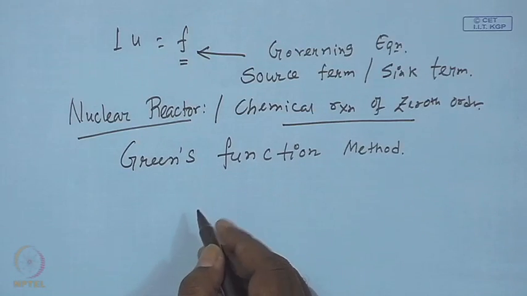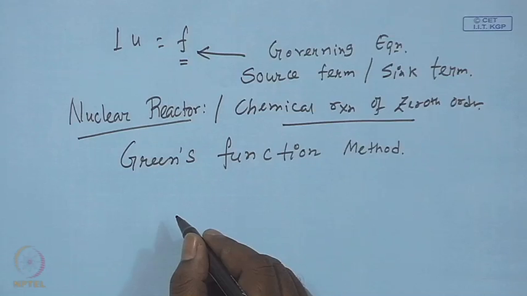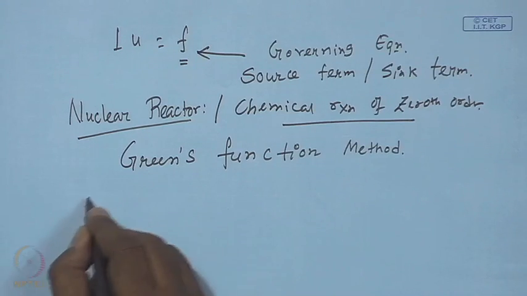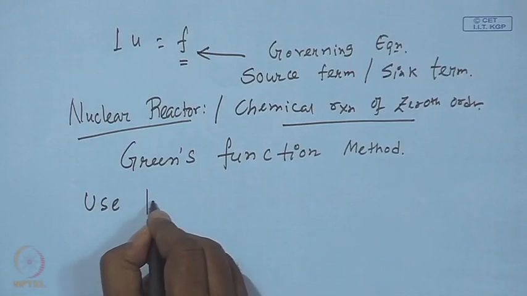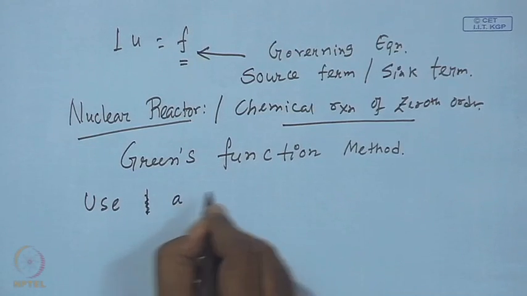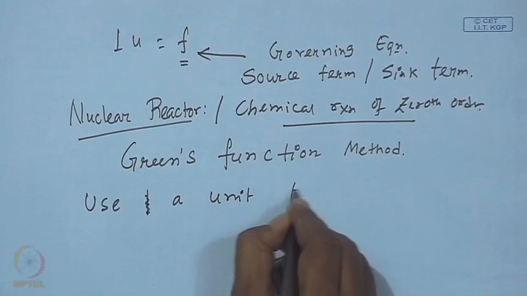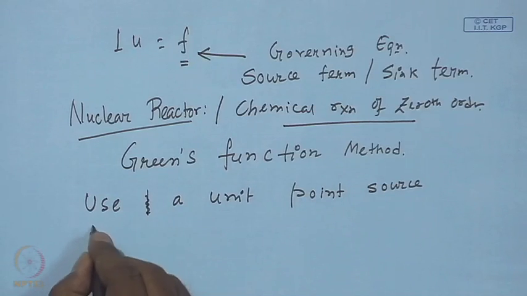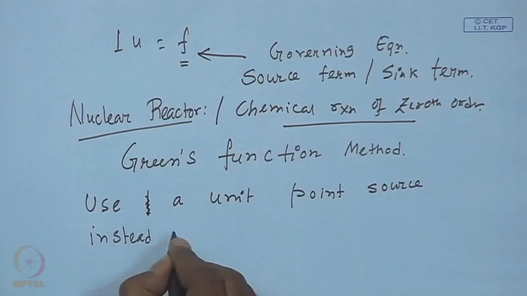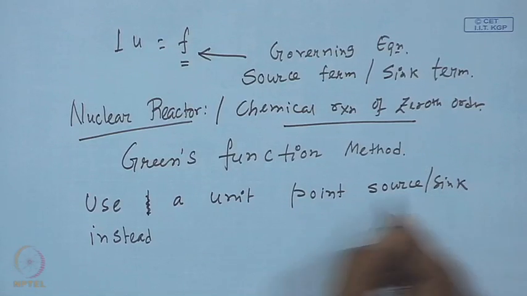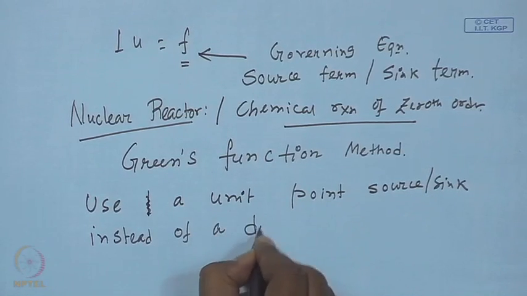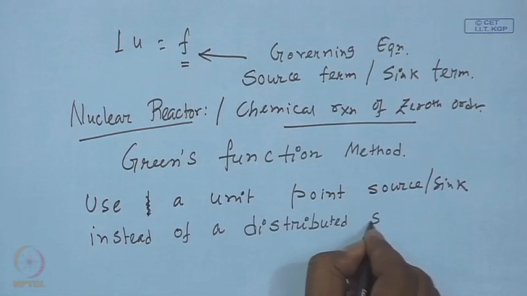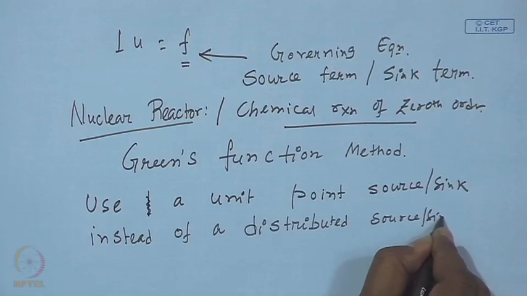So, what we do, we use a unit point source instead of a distributed source or sink throughout the whole volume.